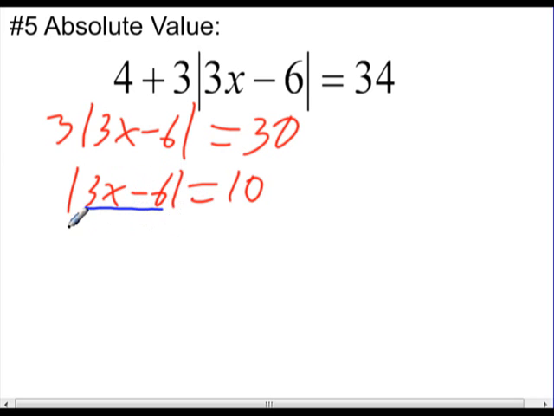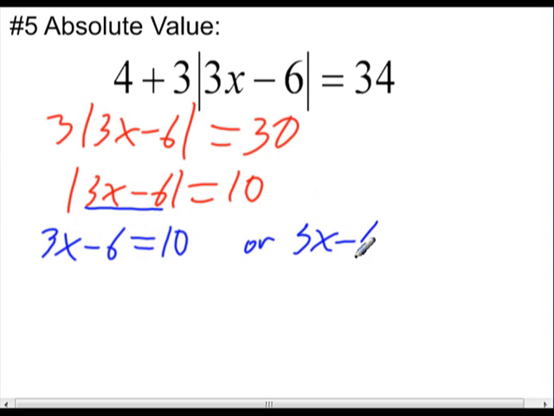So this is where, and you may remember having done this before, we separate it into two possibilities. So that 3x minus 6 could equal 10, or that 3x minus 6 could also equal negative 10, because negative 10 would be 10 units from 0, and positive 10 would be 10 units from 0.